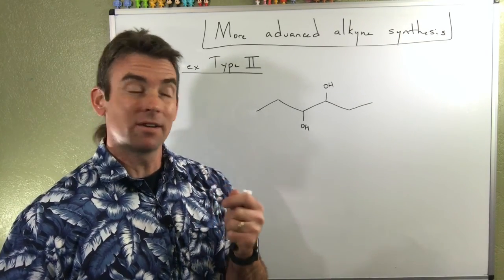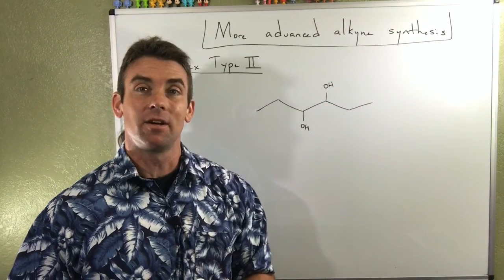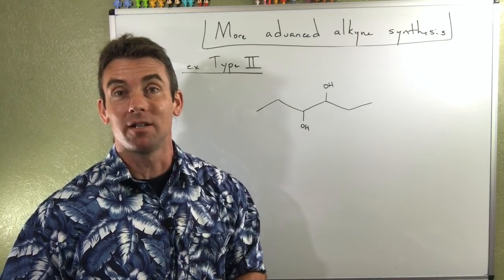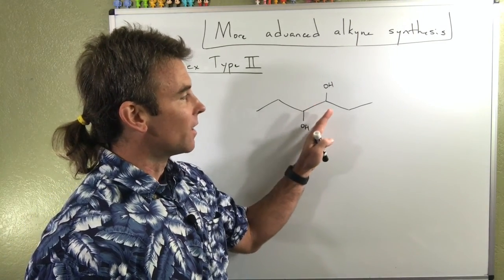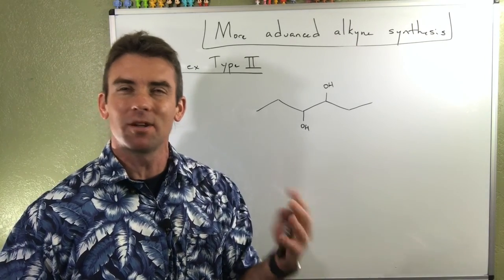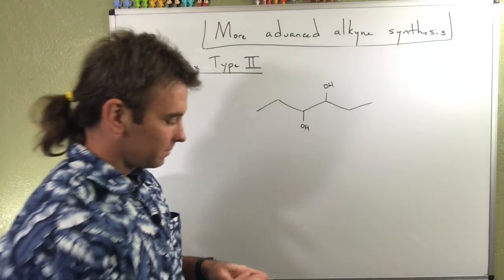But one of the keys to these hidden type problems is to have a really good knowledge of especially your alkene note cards and sometimes your alkyne note cards. Is there anything one step away from this that gets me to an alkyne or something that I can work with, right? And so watch what I'm going to do here.